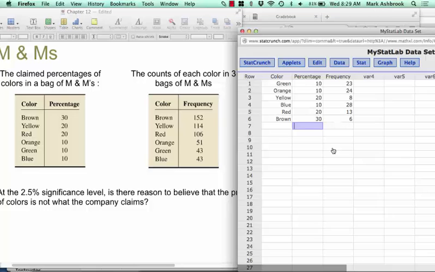Okay, and then our observation, how many greens did we observe? 43. Orange, 51. Yellow, 114. Blue, 43. Red, 106. And brown, 152.